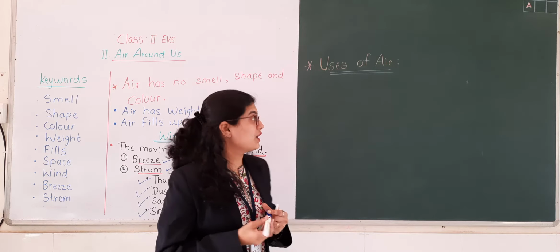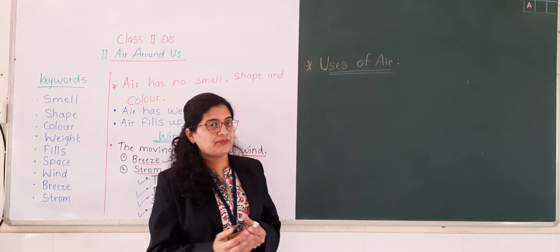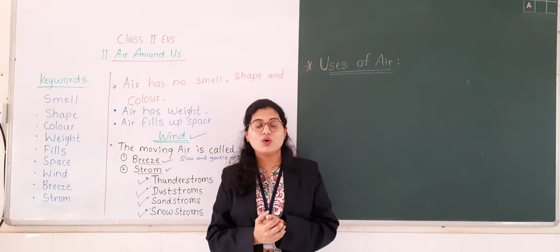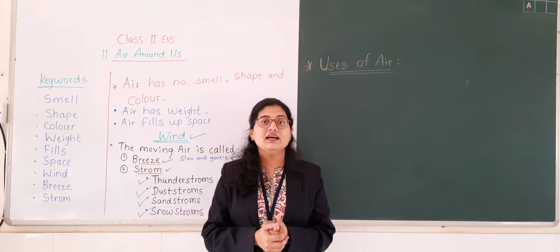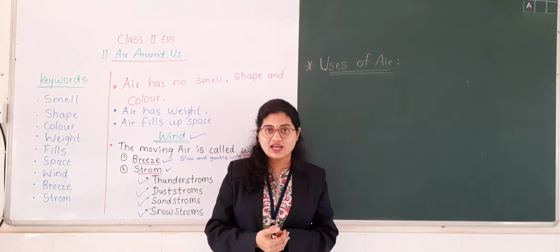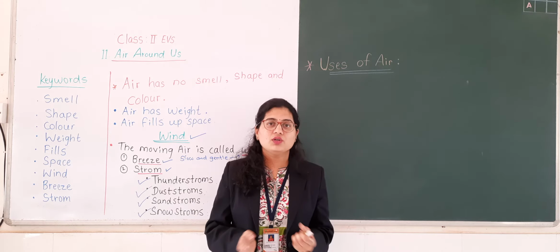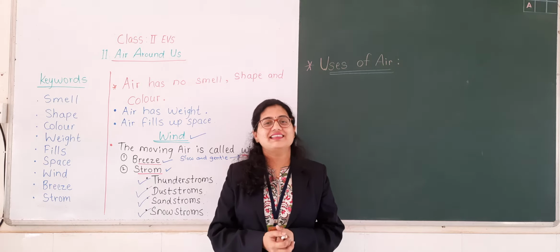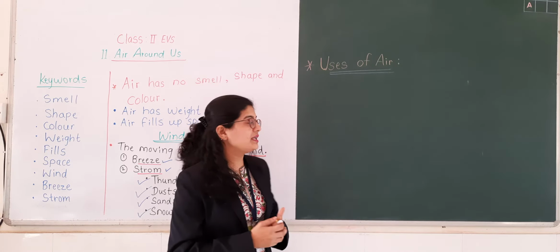Okay, now we are going to learn some uses of air, right, my dear children? As you all know, living things need air to breathe, right? Without air, living things cannot survive. Do you know, my dear children? Yes, very good. Living things need air to breathe.